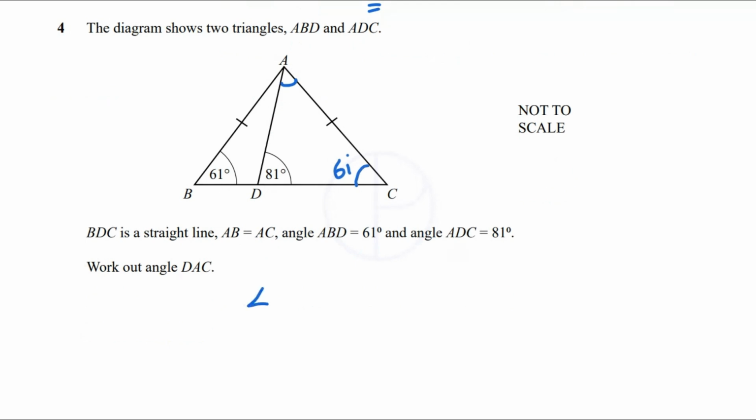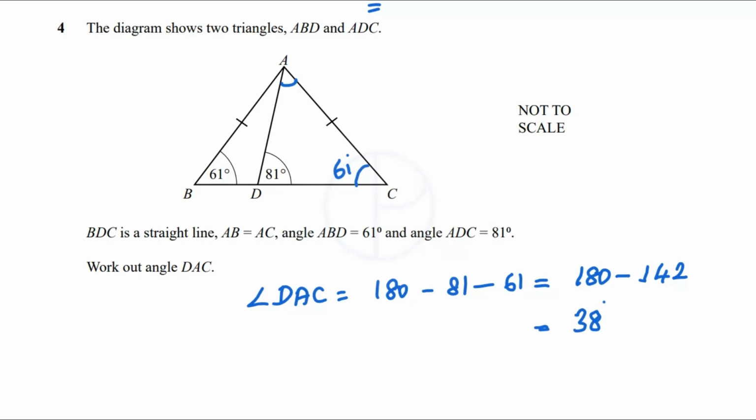So angle DAC is 180 minus 81 minus 61, which is equal to 180 minus 142, which is equal to 38.